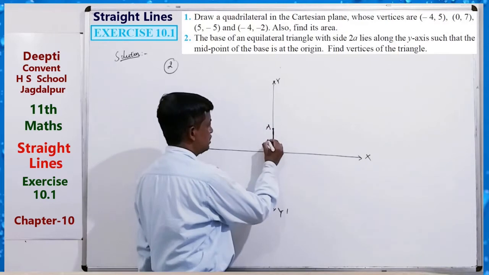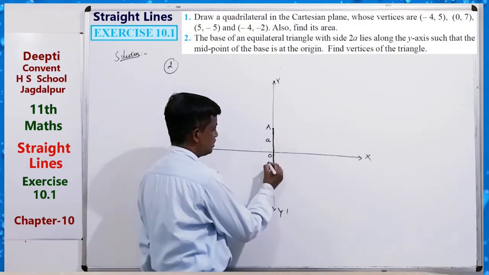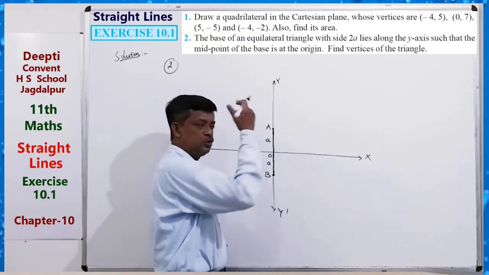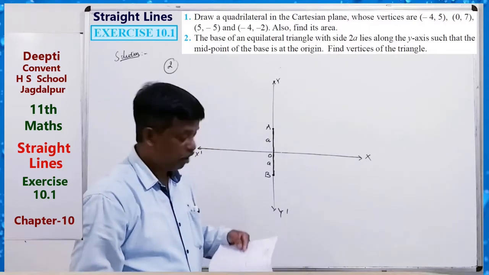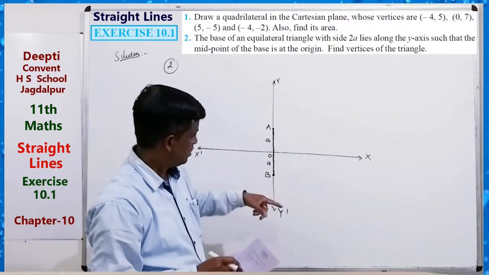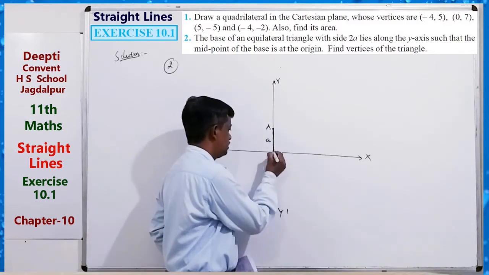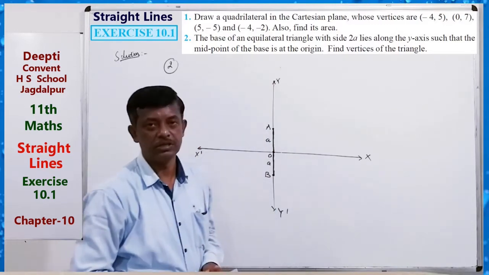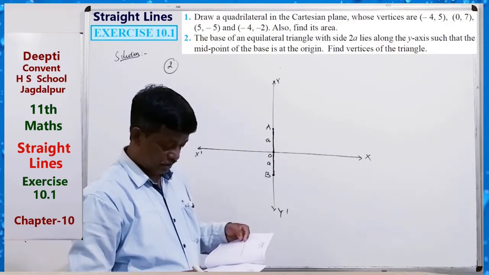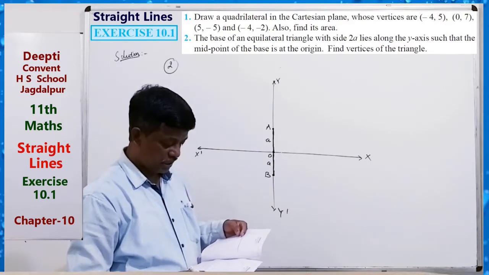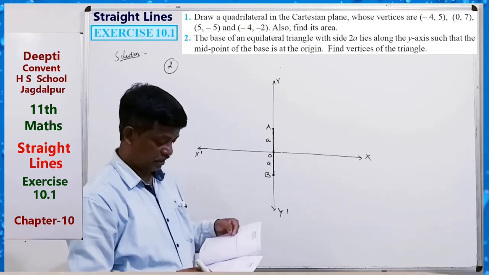That is, this is a and this is a, 2a along the y-axis, and the midpoint is at origin. Such that the midpoint of the base is at origin, find the vertices of the triangle.